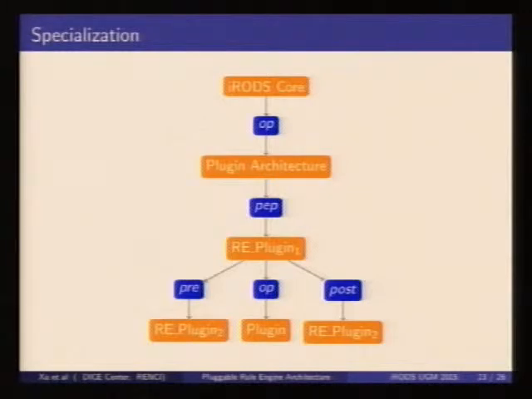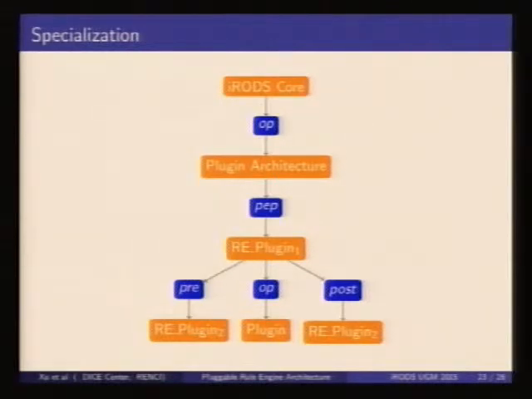When the plugin actually calls this PEP, there's a sort of meta rule engine which implements the PEP rule, interprets it, creates these pre and post, and does all the dispatch. It's not really delegation, but a sort of dispatch. So you may say, okay, good, you created this fancy stuff that just gives me a different variation of error handling. What else can you do? What else can this architecture do?